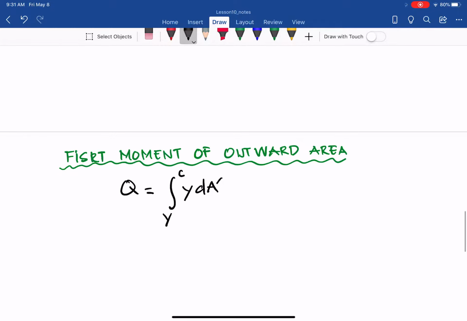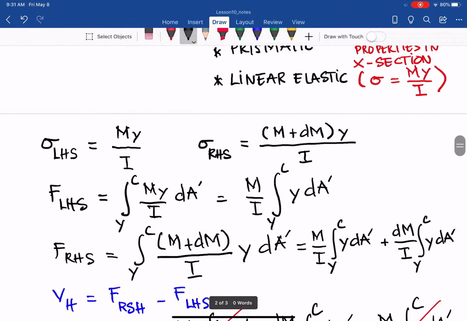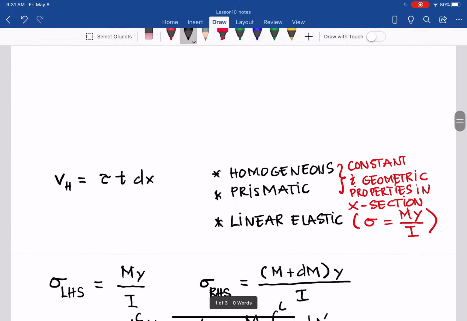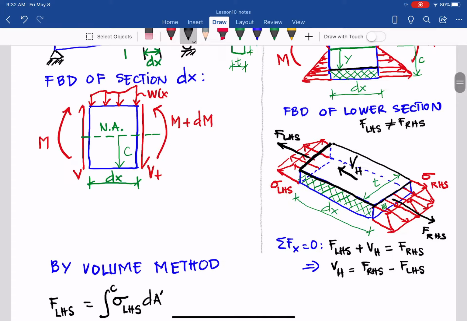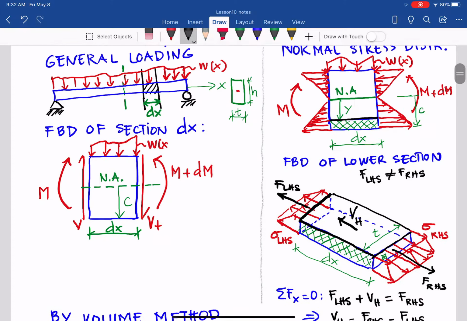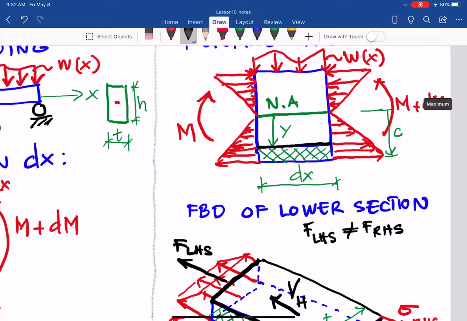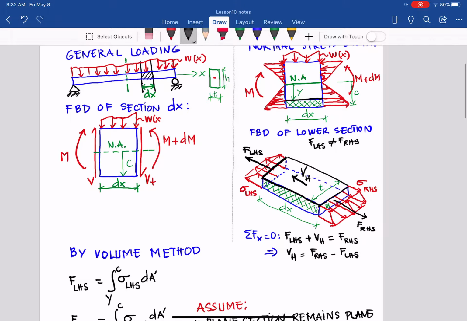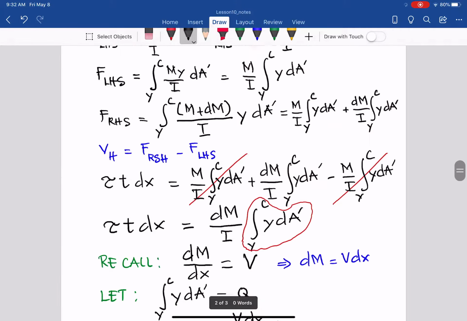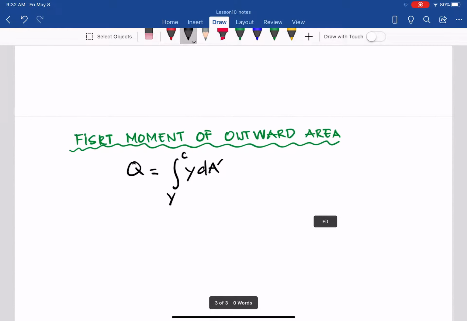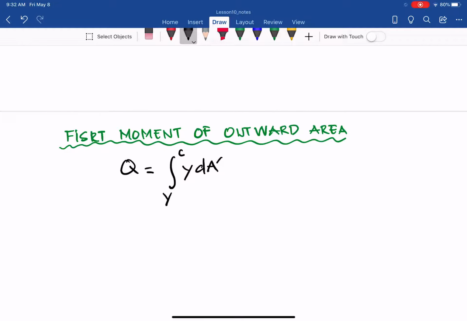Outward, y to C. From the section we cut here, the lower portion of that differential slice dx, we only count from the y position with the black line to the outermost fiber, which is C. That's why we call it outward area.